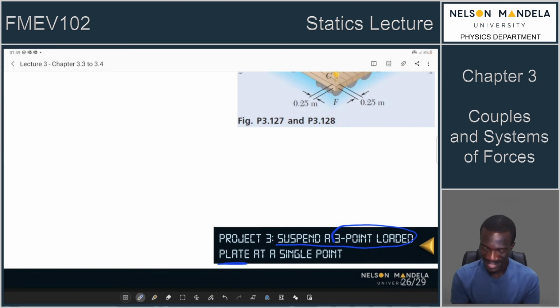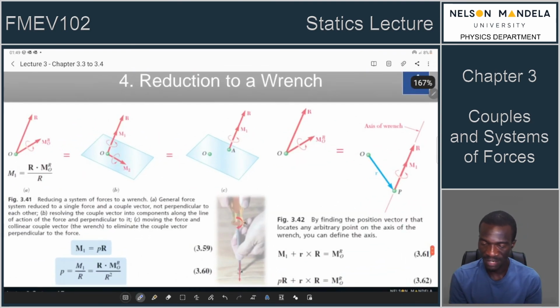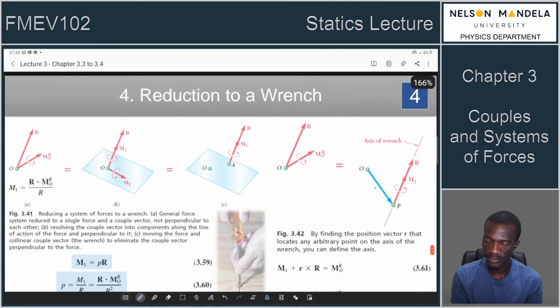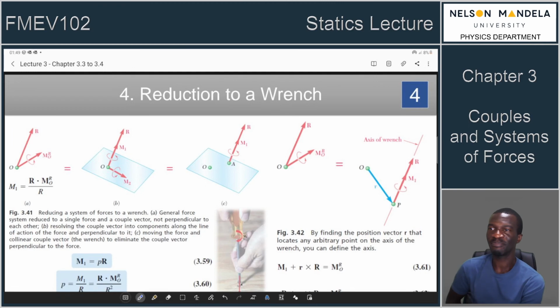So this is a very exciting project where you can balance an object which is expected to fall apart. So you can make it remain in static equilibrium.